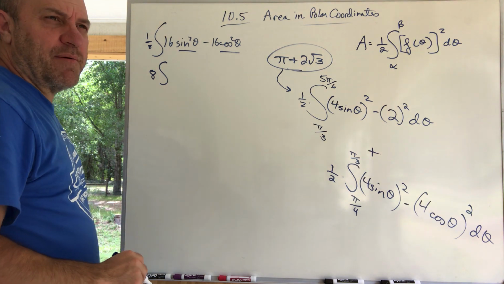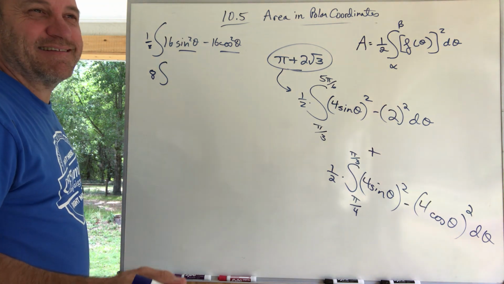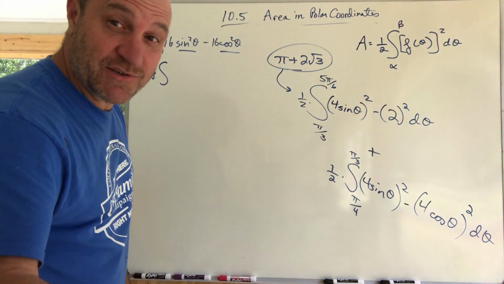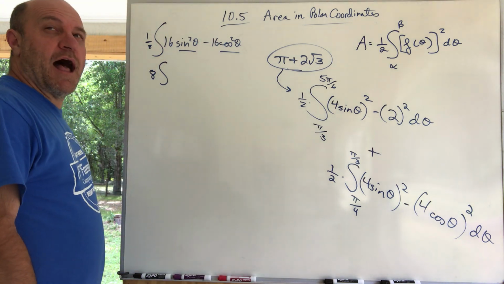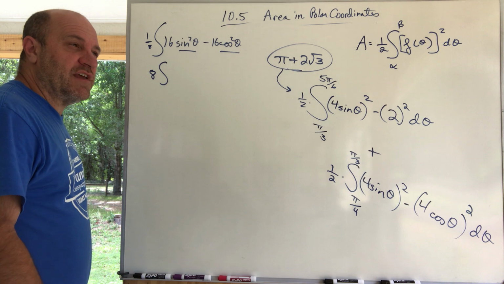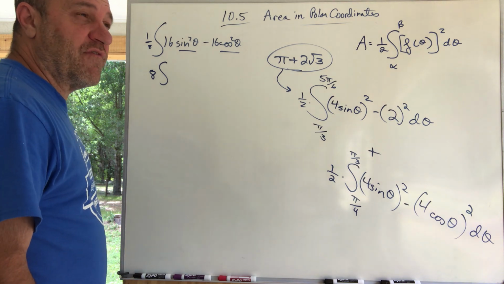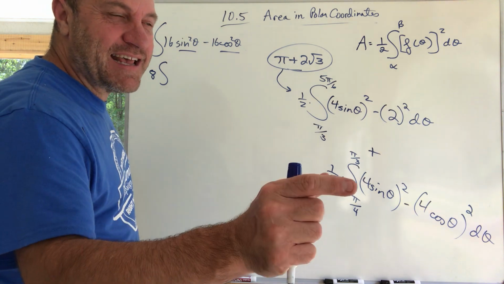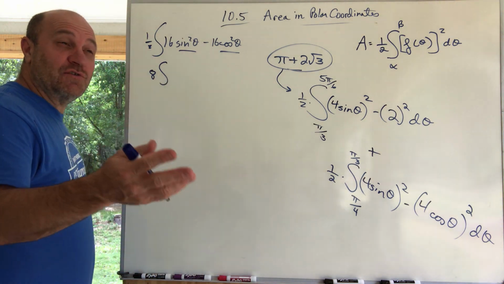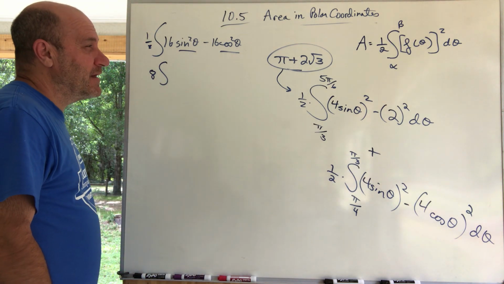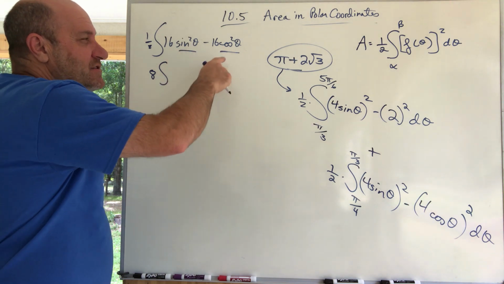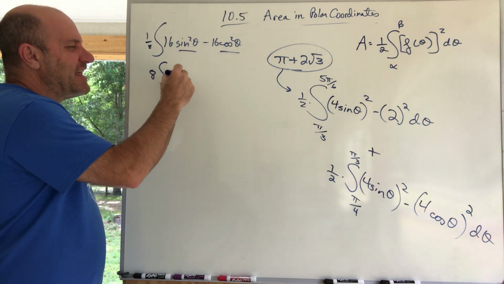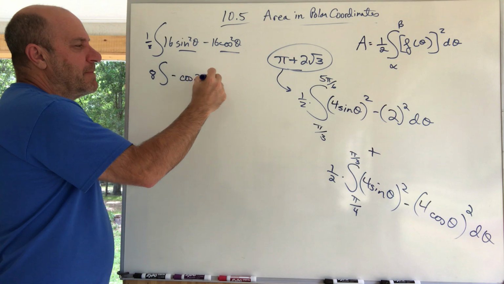So a sine squared minus a cosine squared is not the famous sine squared plus cosine squared, which is 1. To tell you the truth, it's the opposite of the famous cos squared minus sine squared, which is actually the cos of 2 theta. But this is sine squared minus cos squared, so I think it's the negative cos of 2 theta.